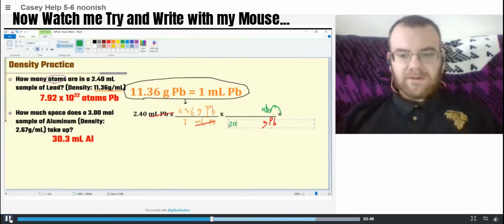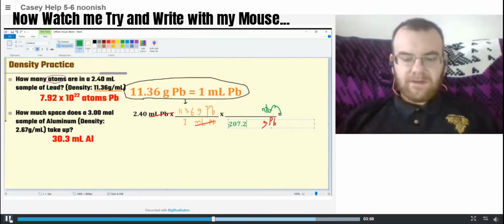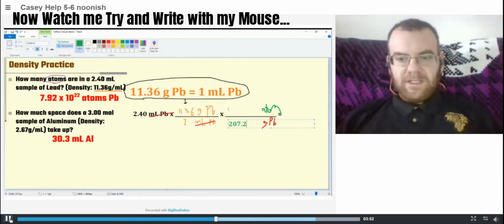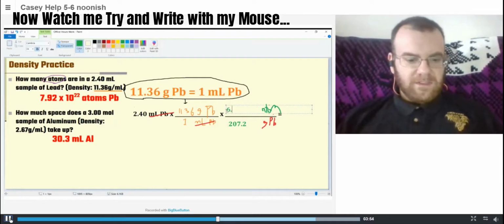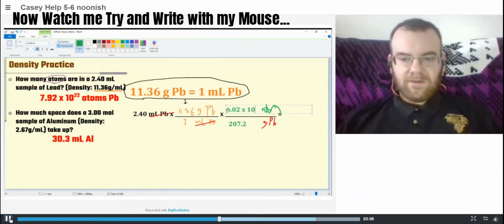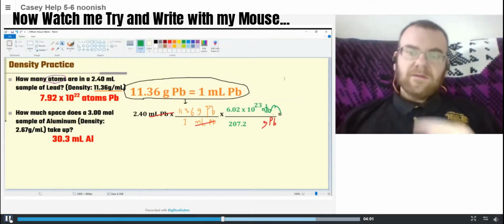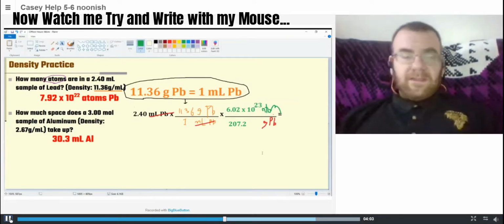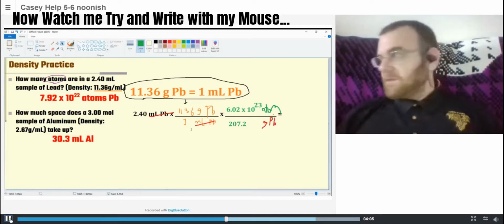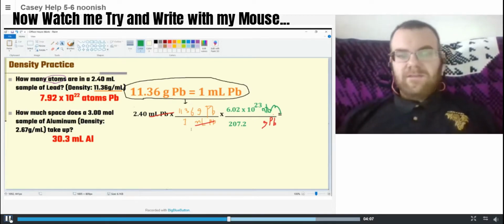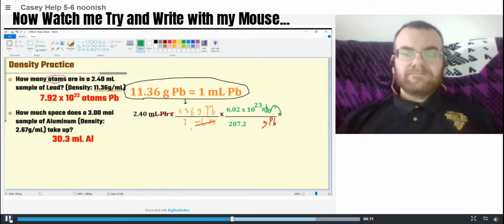It's 207.2 grams of lead equal to 6.02 times 10 to the 23rd atoms. So that's our general setup. In doing this, you should get the answer that's posted there of 7.92 times 10 to the 22nd.